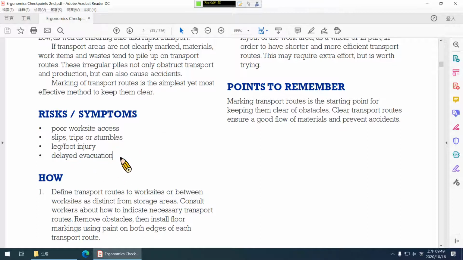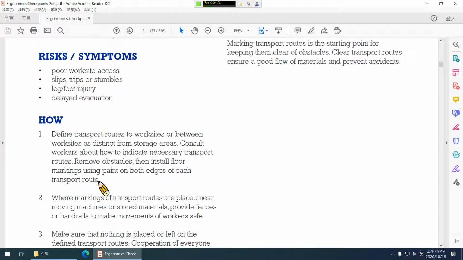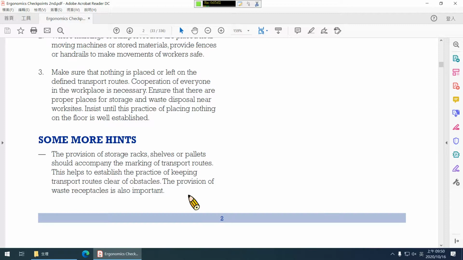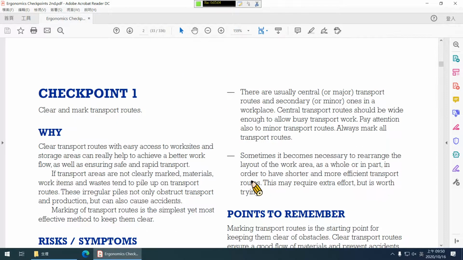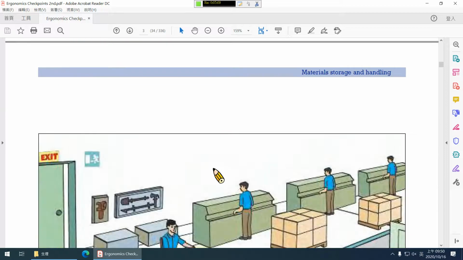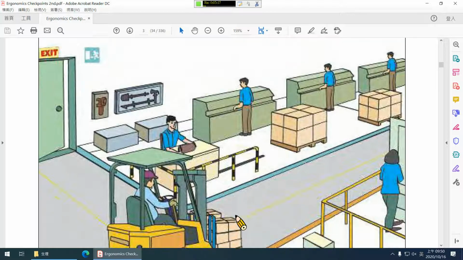So that's the risk. So it tells you these reasons, and it shows you how to do it. These are the solutions and some of the hints, and it gives you some examples in illustrations.